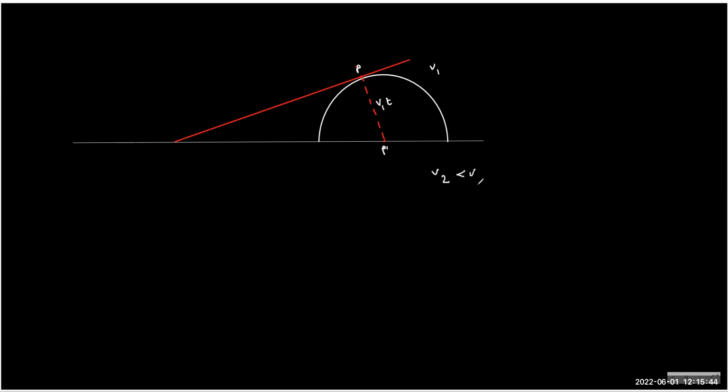Let's say V2 is more than V1. So this point acts as a source of wave, and it creates a wavefront. But this wavefront will travel a very small distance. Why? Because the speed has decreased, so it does not travel more.